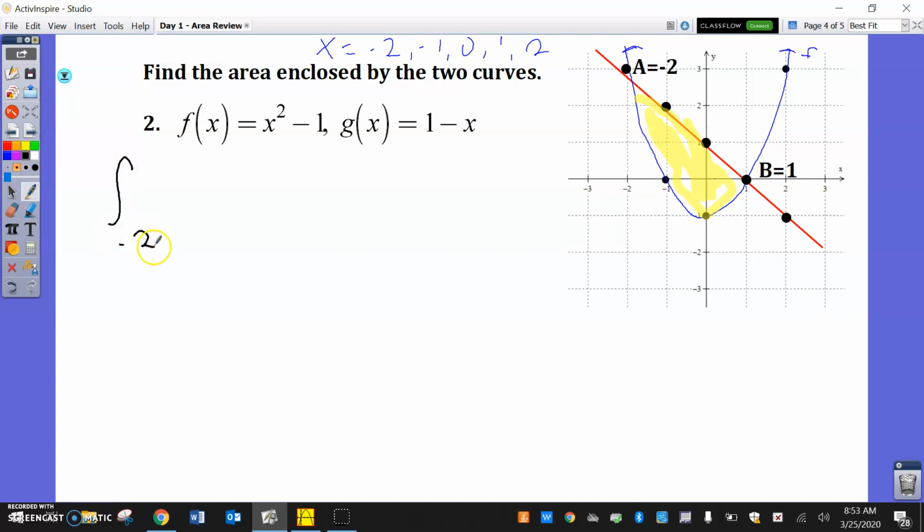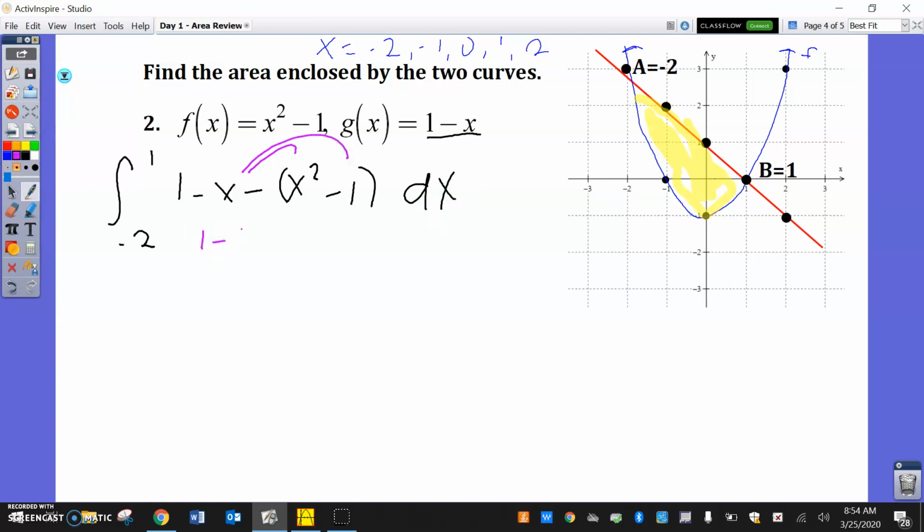So A is -2, B is 1. The smaller number is always going to be on the bottom. So if I look at what's on top, that's the line. Well, this is the equation of the line. So I'm going to have 1 minus x minus the parabola, which is on the bottom. Since there's more than one term in this equation, I'm going to have to make sure I distribute that negative.